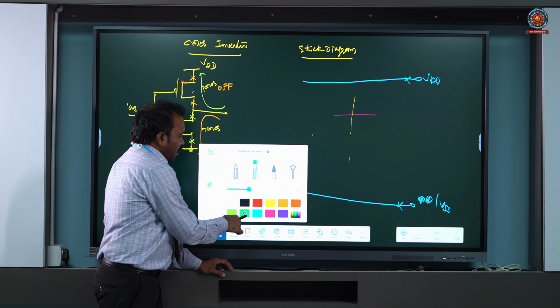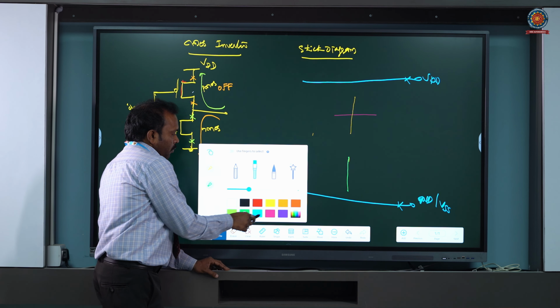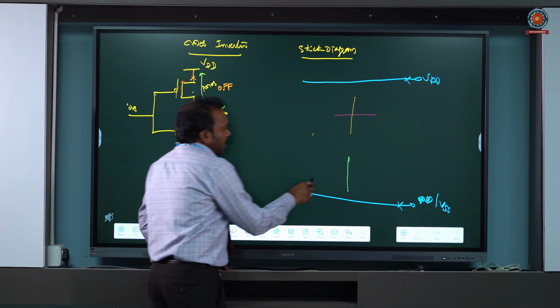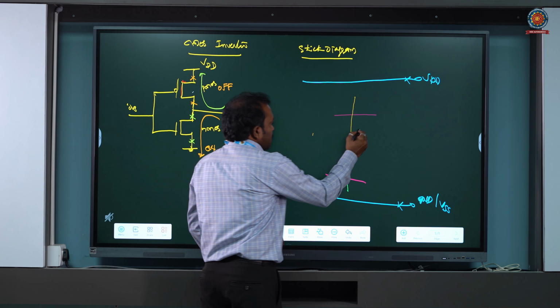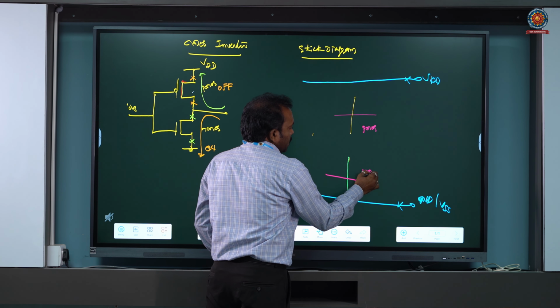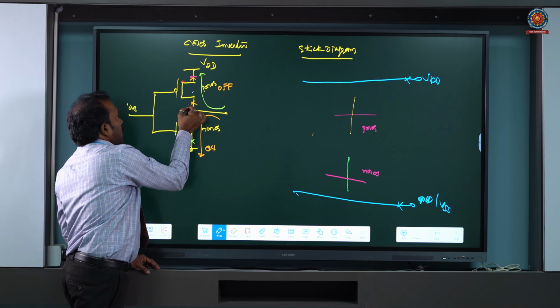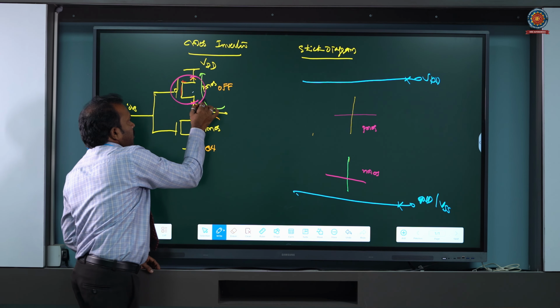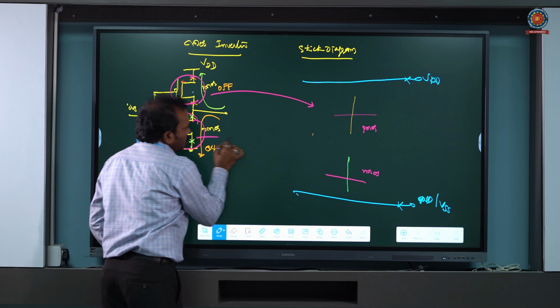So I am using green, on which I'll use red color to form your transistor. Now this is your PMOS transistor that I have drawn here, and similarly this is your NMOS transistor that is drawn here.